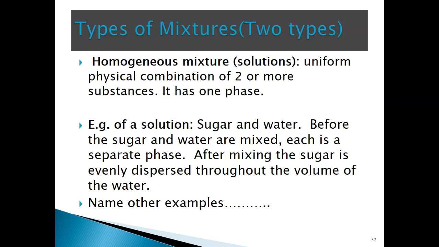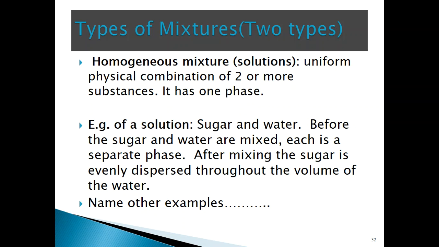There's no trace of the solid present except maybe the taste, which means the sugar still exists, but you cannot see it. You cannot distinguish between the sugar and water in the mixture, right? So it's a homogeneous mixture. The reason is that, as stated here, after mixing, the sugar is evenly dispersed throughout the volume of the water.